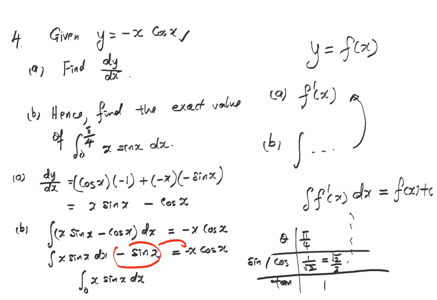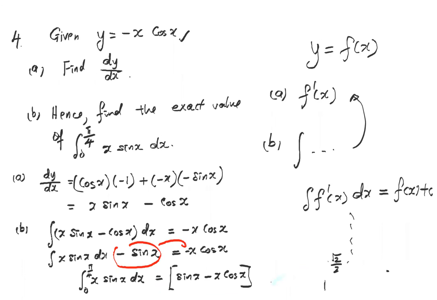from 0 to pi by 4 is equal to sin x minus x cos x, from 0 to pi by 4.